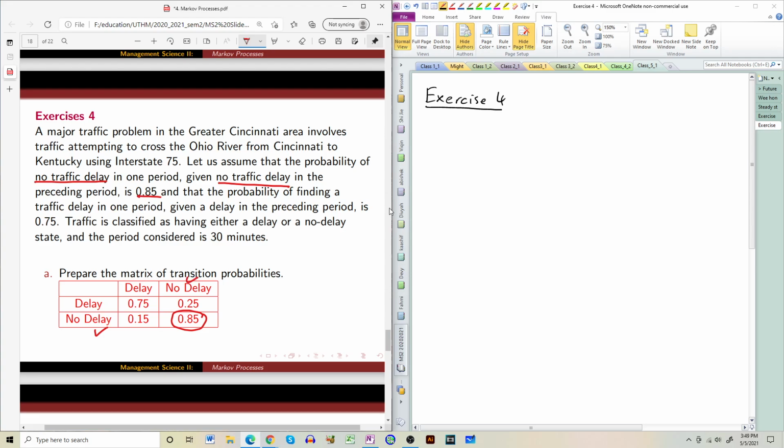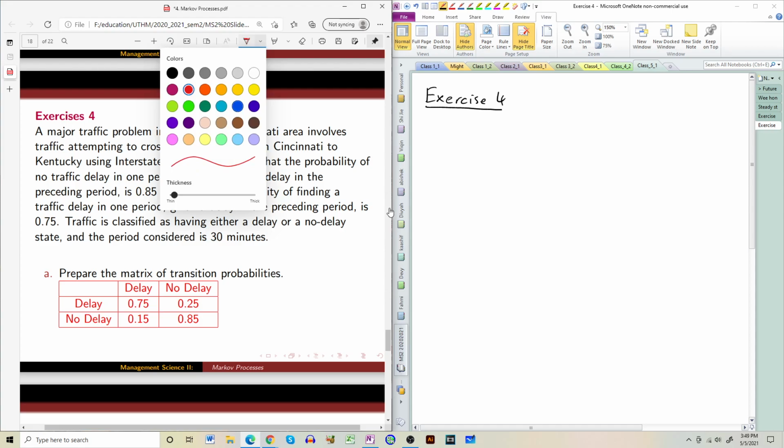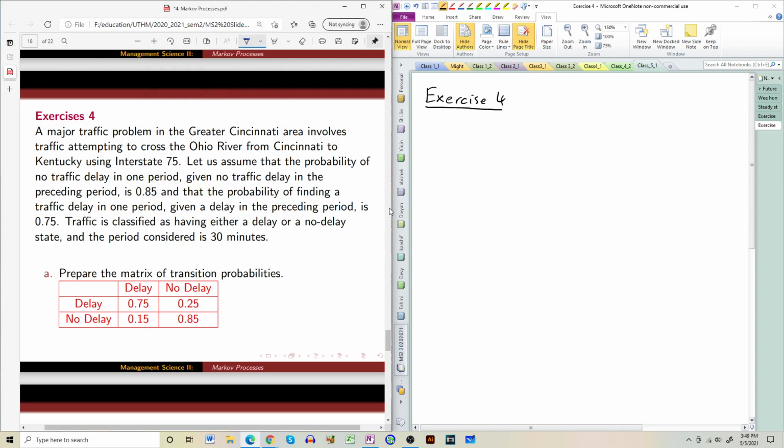No delay, no delay. Okay, no traffic delay, no traffic delay, the probability is 0.85.